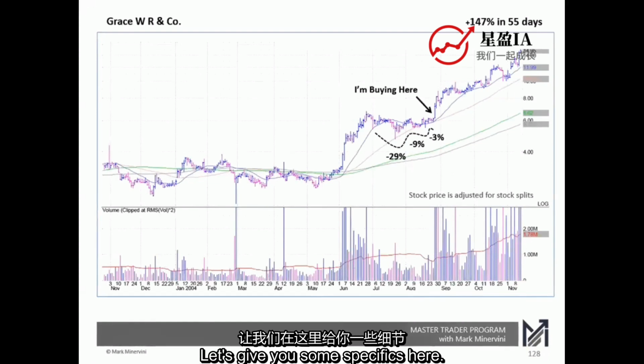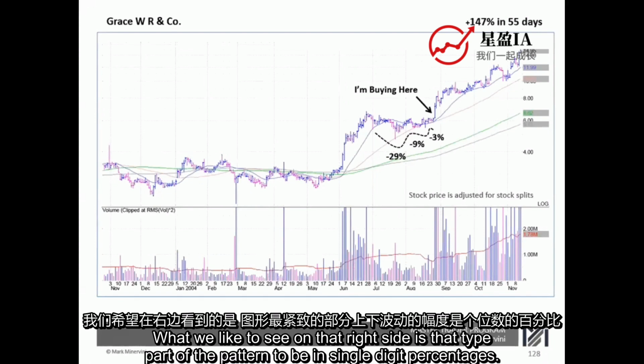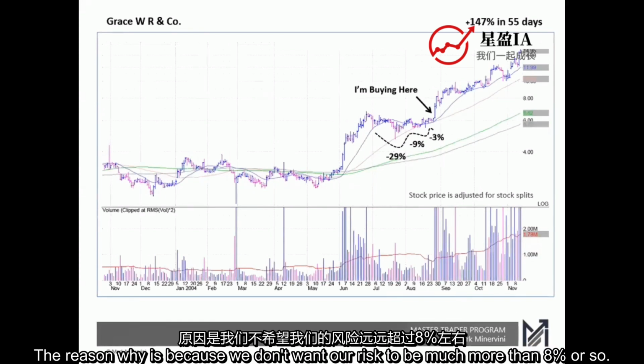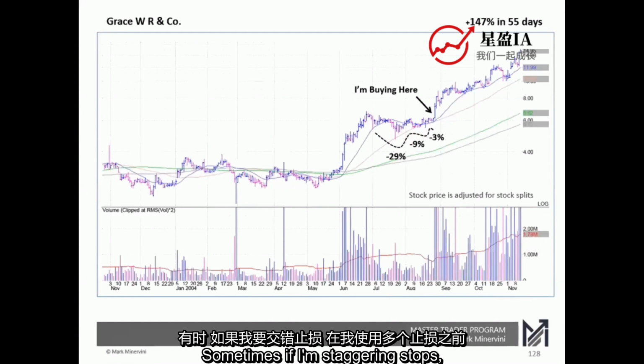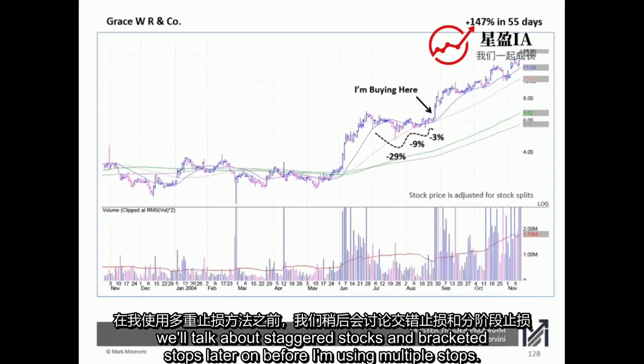So let's give you some specifics here. How tight is tight? What we like to see on that right side is that tight part of the pattern to be in single digit percentages. And the reason why is because we don't want our risk to be much more than 8% or so. Sometimes if I'm staggering stops, we'll talk about staggered stops and bracketed stops later on.